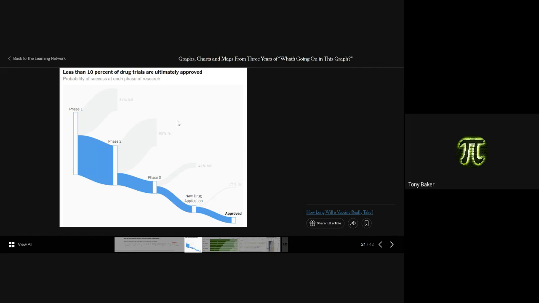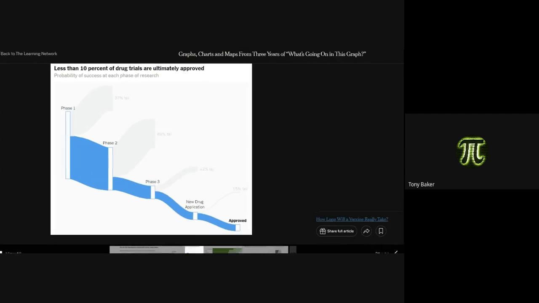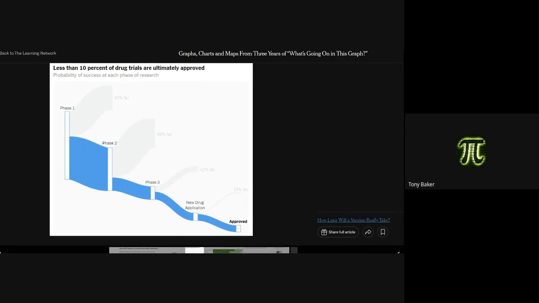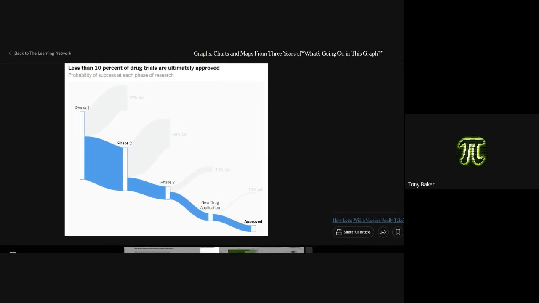So remember we were talking about the drug trials and how fast the COVID vaccine got approved. So these are drug trials. If 100% of drug trials are proposed, only 10% of them actually get approved. So 90% of the trials that they want to do are denied.